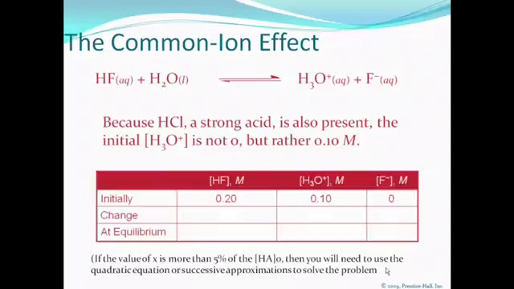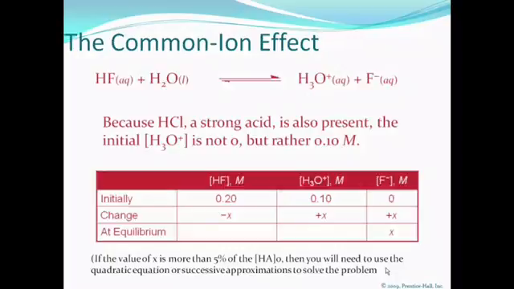That's what was given in the problem. Your HF is 0.20, which was also given in the problem. Your ICE table will be set up just as normal with the x's. So you're going to lose a certain amount of HF and gain a certain amount of hydrogen ion and fluoride ion.